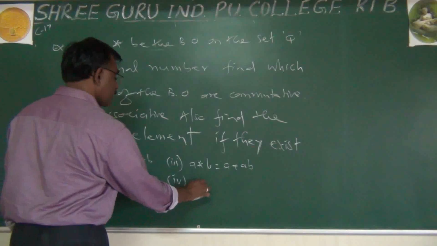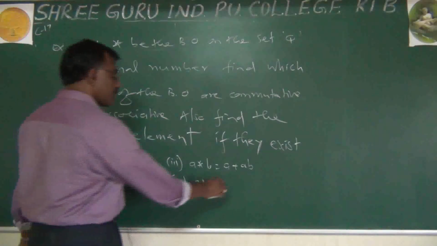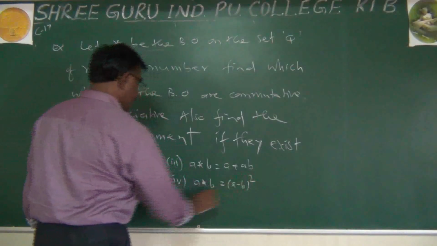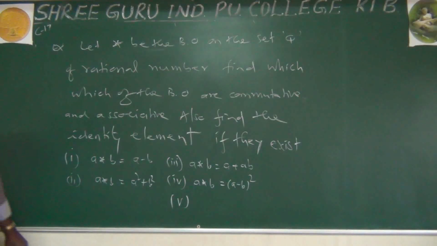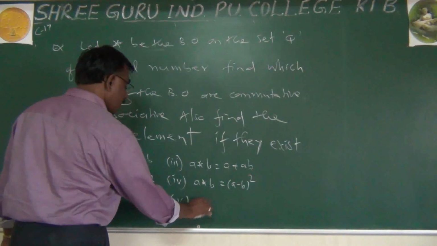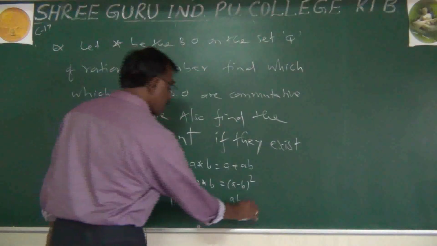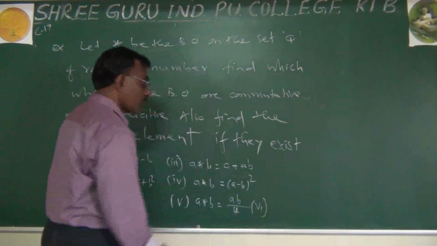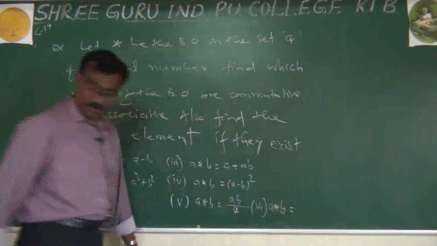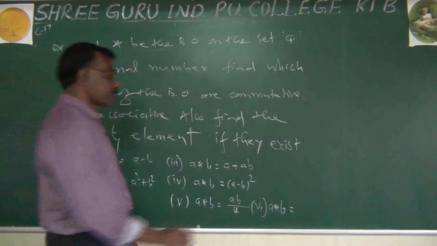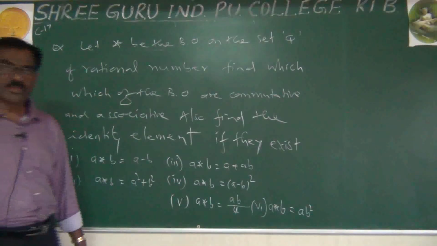Fourth, A star B equals (A minus B) whole square. Fifth, A star B equals AB by 4. And sixth, A star B equals AB square. But I am not solving all of them, just problems 1, 2, 3.